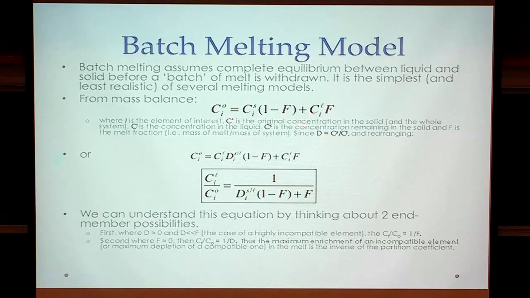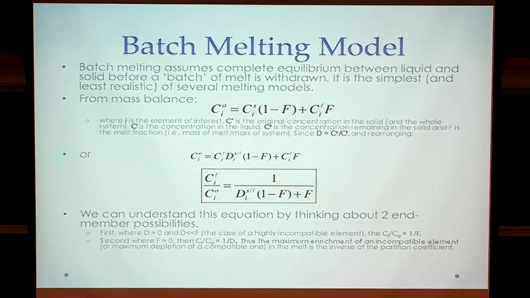So it's just a simple mass balance equation. We can substitute in our partition coefficient and rearrange things and get an equation like this. The important thing is to imagine what happens if F equals 0. For an incompatible element, the maximum enrichment is simply going to be the inverse of the partition coefficient. On the other hand, let's imagine that we have a highly incompatible element and D is approximately 0. In that case, the enrichment is inversely proportional to F, the fraction of melting.